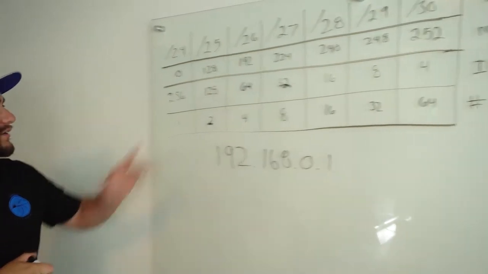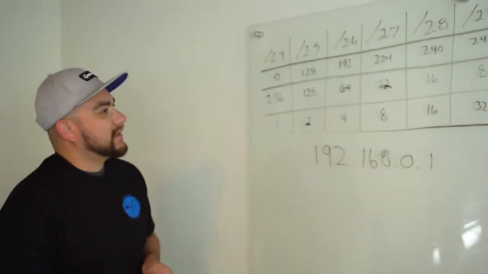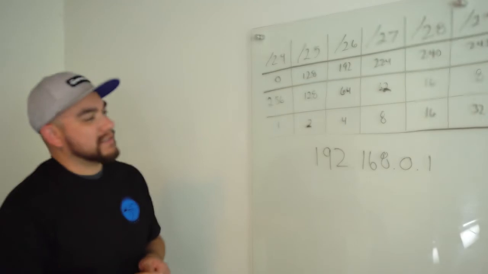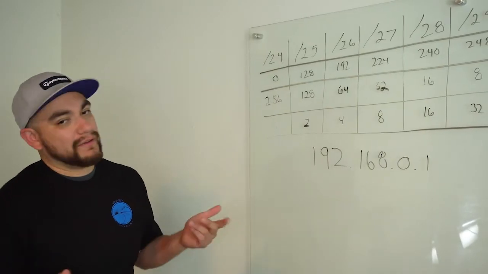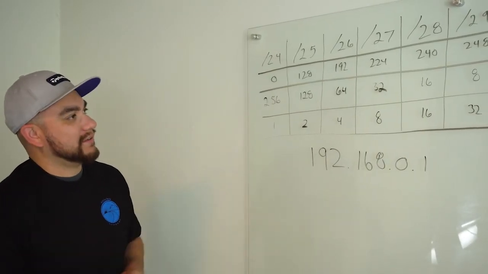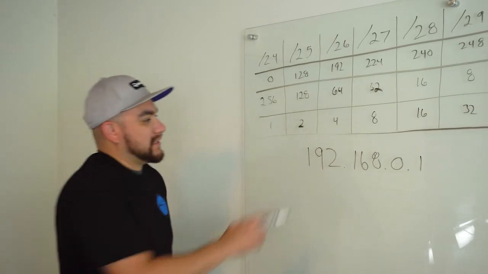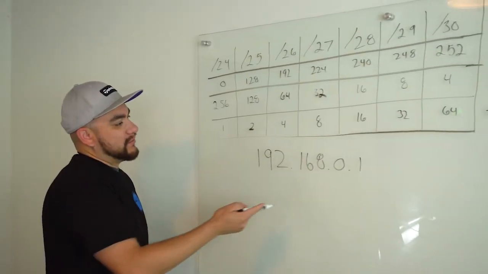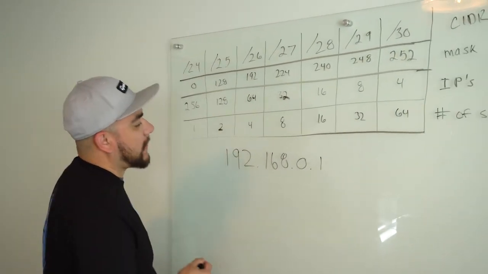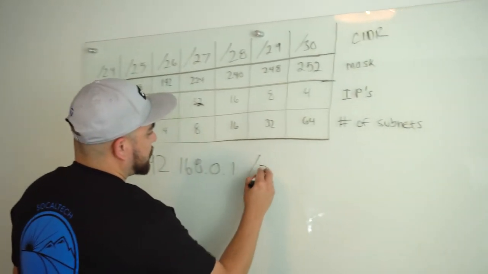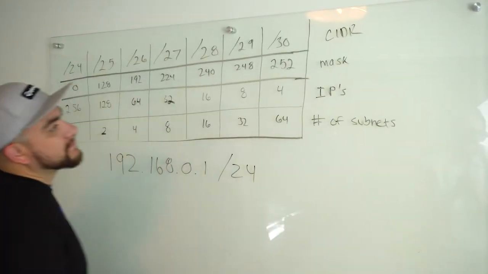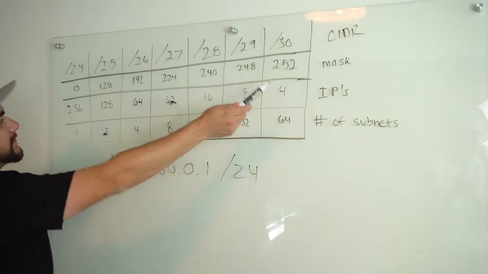I like to use this chart here to help me subnet. It's done me well, and it's done a lot of other people well. So I'll talk about how to use it. When it comes to this IP address here, 192.168.0.1, we give a /24 CIDR, which is just an abbreviation of the subnet mask.